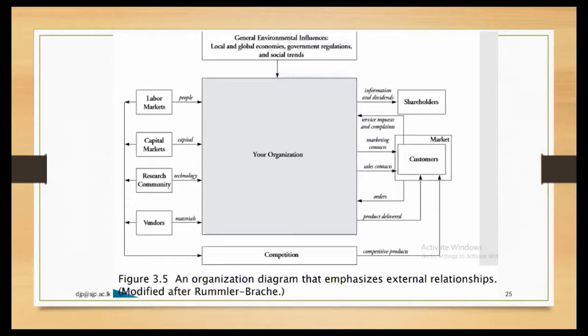Similar organizations like ours who are competing for our inputs and our customers, right? If the organization we are describing has one or a few major competitors, we may list them in a separate box to help focus everyone on the nature of the competition.